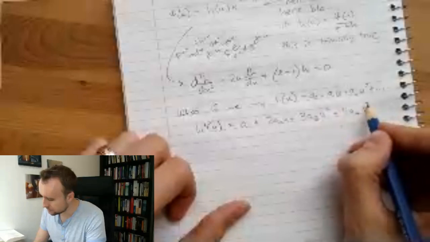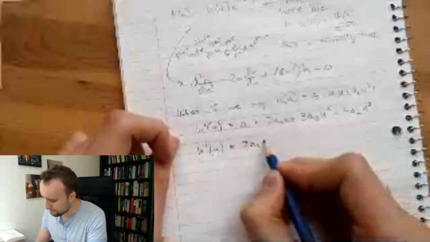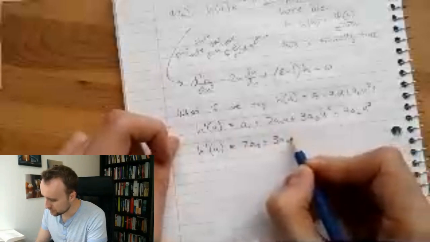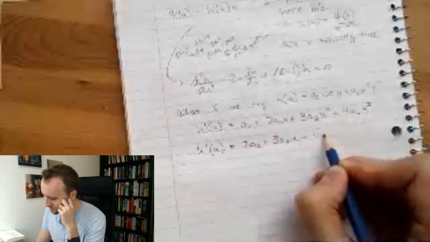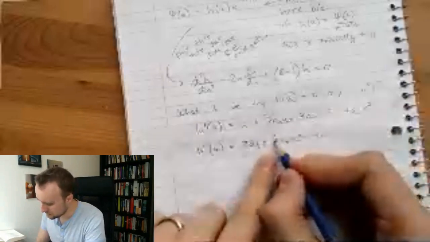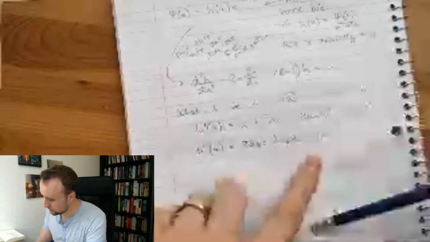And then h double prime of u is going to be equal to 2A2 plus 6A3 u plus 12A4 u squared plus dot dot dot.